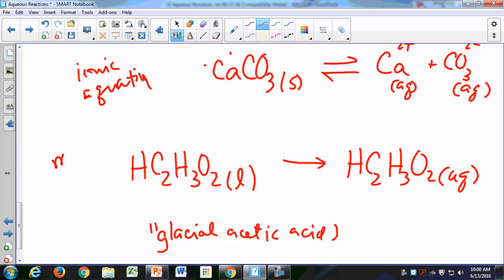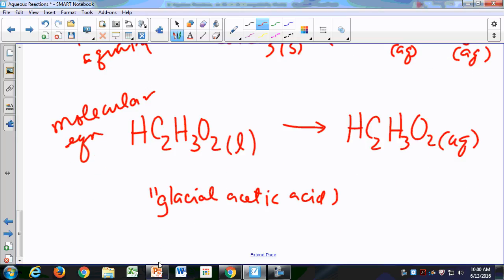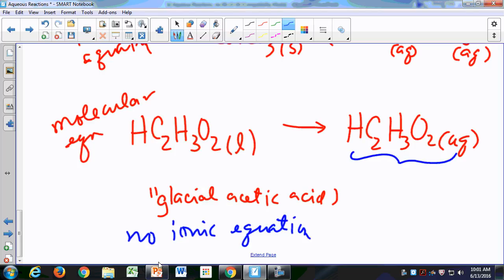And so this is your molecular equation. You do not have an ionic equation because this is not one of the strong acids. So this is a weak acid. Most of your acetic acid molecules are going to be intact. There's a very small fraction of it that would actually be broken up into H+ and acetate ions.